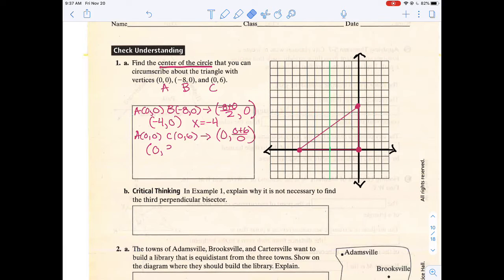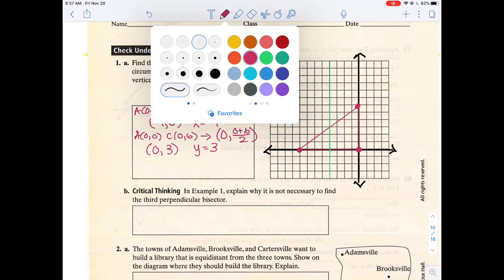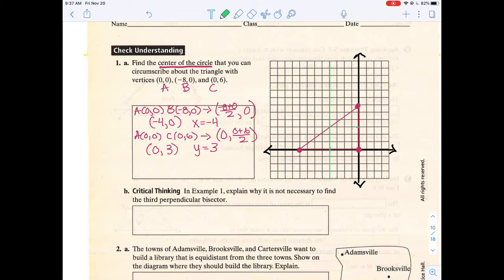Sorry, this should be a 2. My bad. 0, 3. So my y line would be y equals 3. Okay, so 0, 3 would be right here, so I'm going to draw a line going through that point.